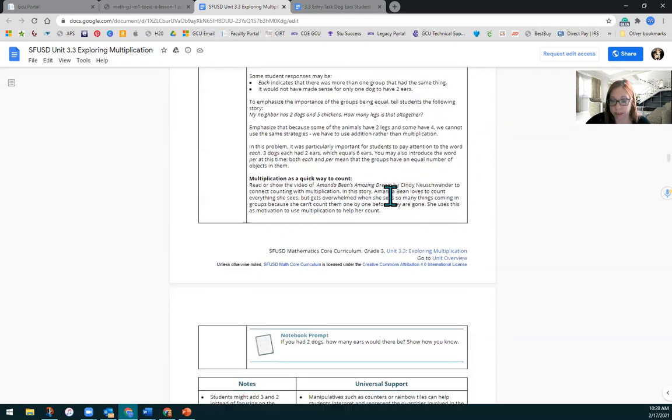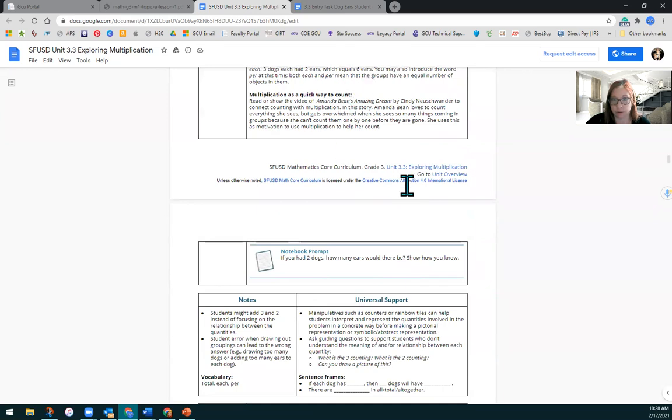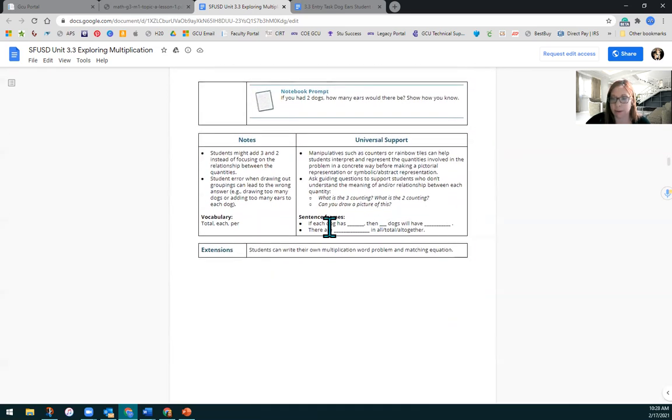And then the San Francisco way really just kind of goes through that. And then they might then go and have an extension afterwards and do another problem. So if you had 2 dogs, how many ears would they be? And so in their notebook, that would be them showing their learning or their check for understanding, their formative assessment at the end.